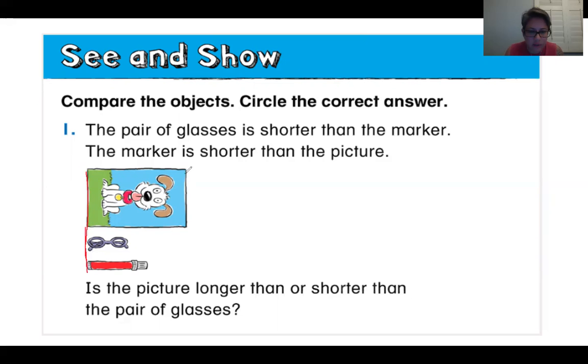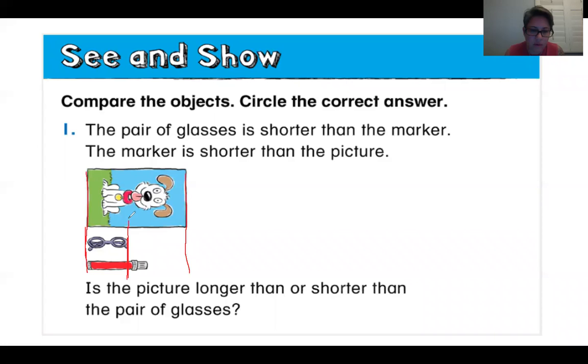And then the picture is all the way to here. Now my line is a little crooked, but this is where you can see that the picture is longer than all the other items. It is the longest item. Then the glasses are about here, see?